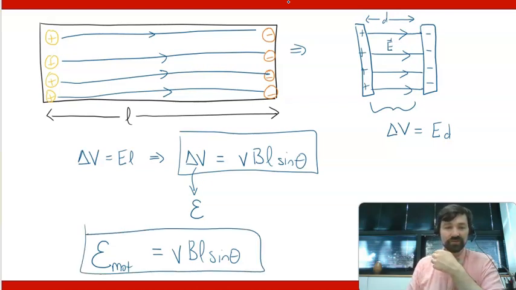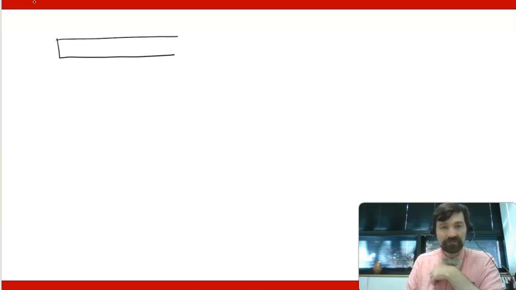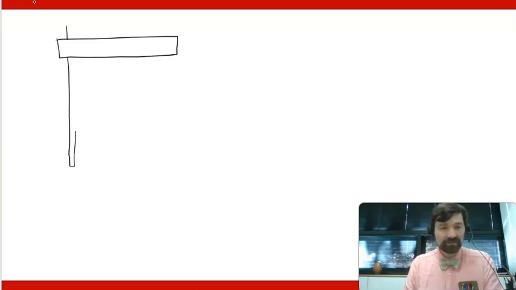Now, to see what I mean by a pair of tracks underneath it, let's come back to the same situation, and this time I'm going to draw it so that I've got my moving piece of metal, and then maybe beneath this piece of metal there are a couple of conducting tracks, and maybe the conducting tracks are just kind of like this on one side. Then over here you've got another pair of conducting tracks down here.